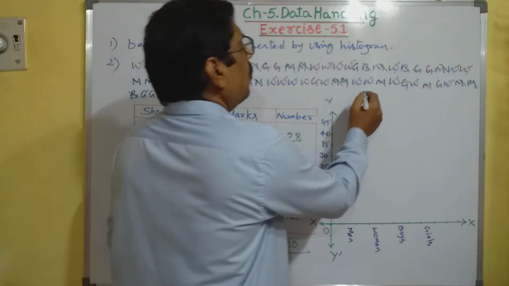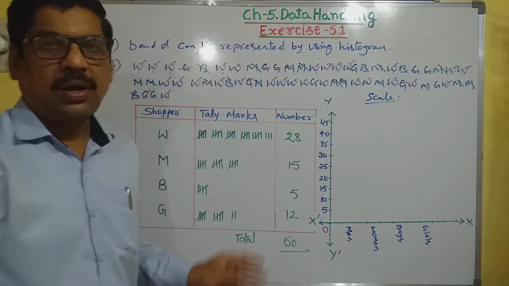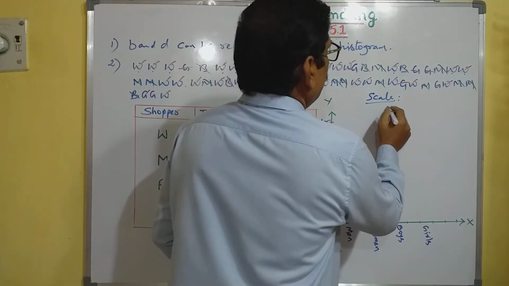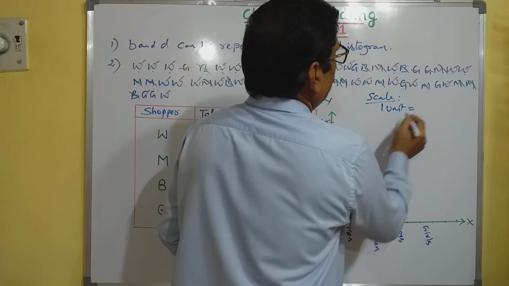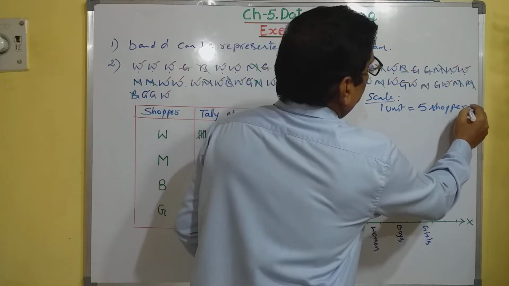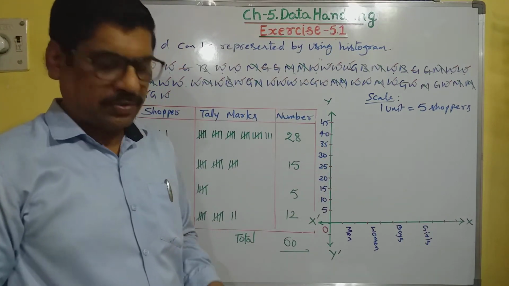The scale you have to write at the top right corner of the graph sheet. Here I am writing: scale is 1 unit equal to 5 shoppers. In such a way I have taken 5, 10, 15, 20 and so on.